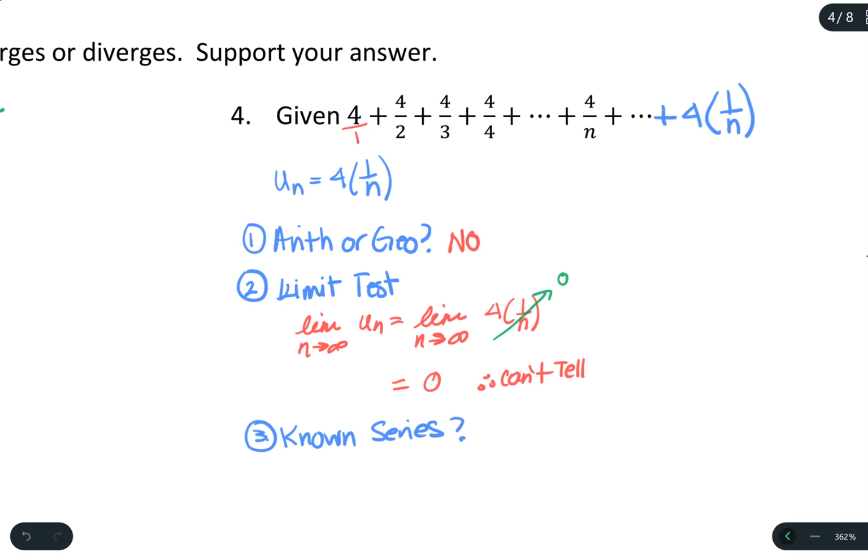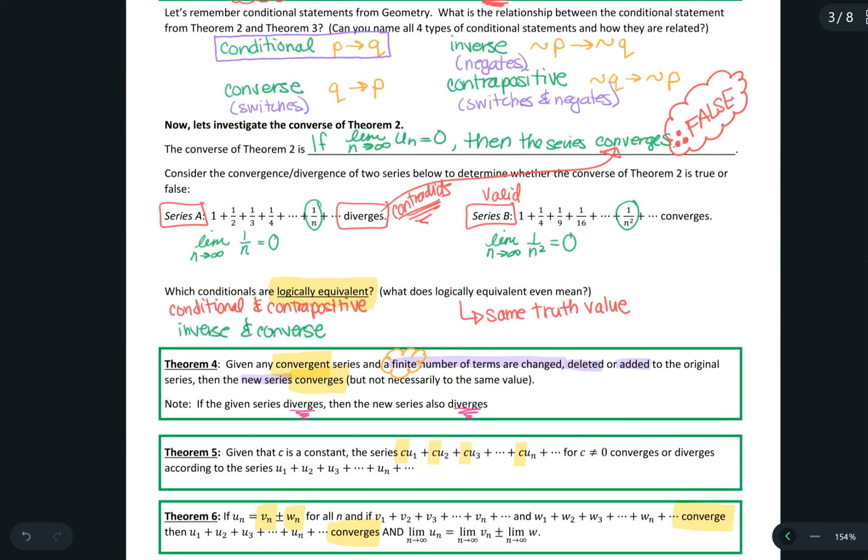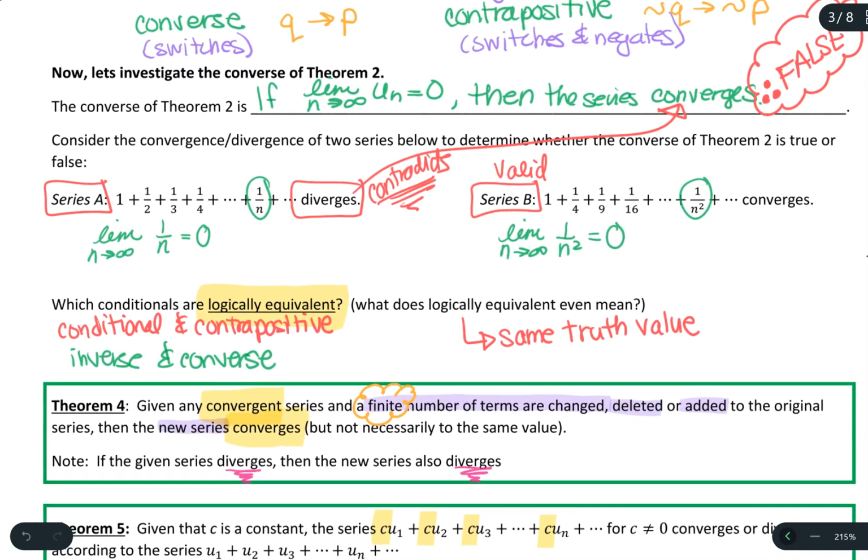If you go back up to here, we had series A and series B. Series A is a specific series that every single time we have this, it will always diverge. This series actually has a special name: the harmonic series. So I'm going to label this harmonic series.